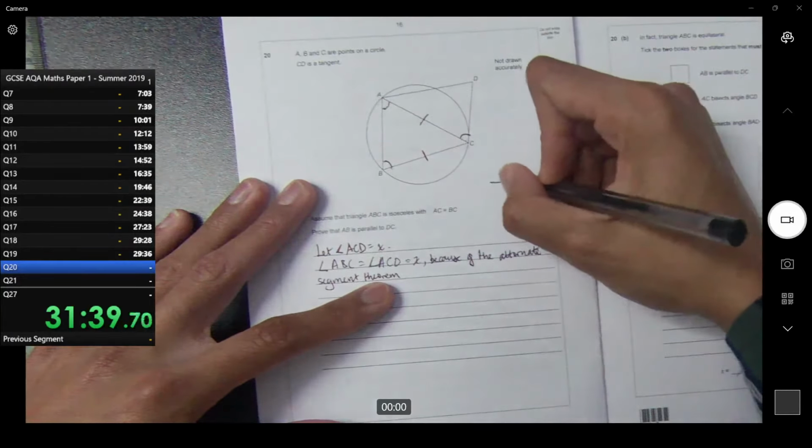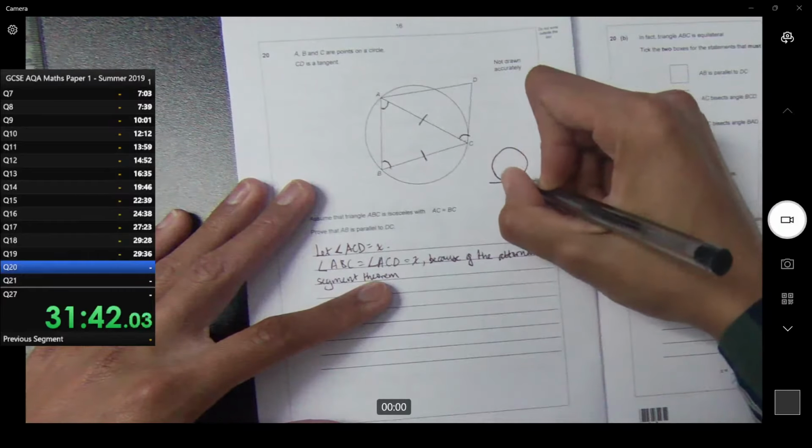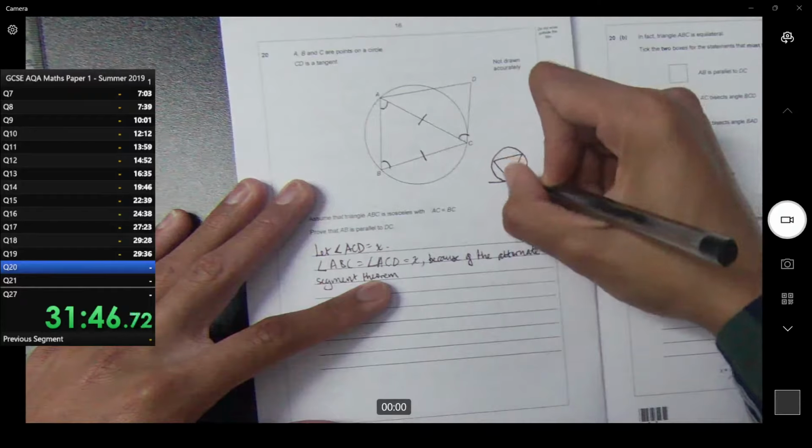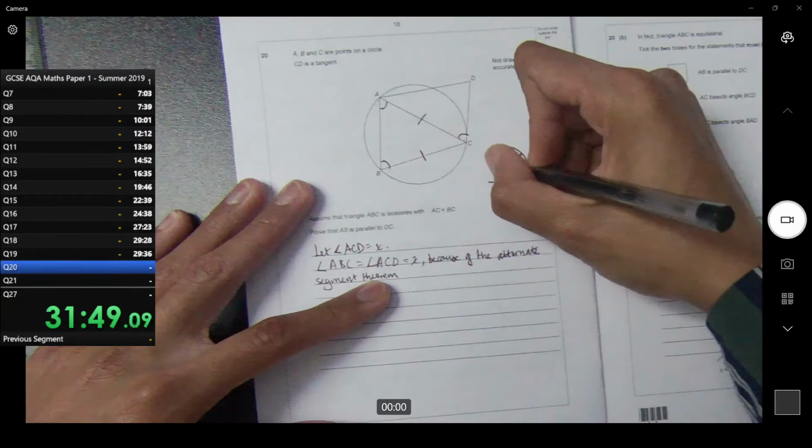So if I draw this out, the alternate segment theorem, if you remember, you'll have an angle like this, which I'll shade in, and that's equal to the angle here.